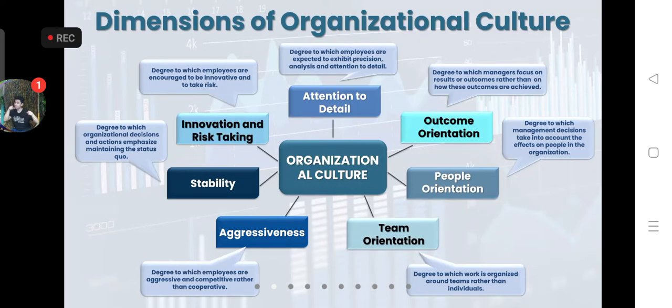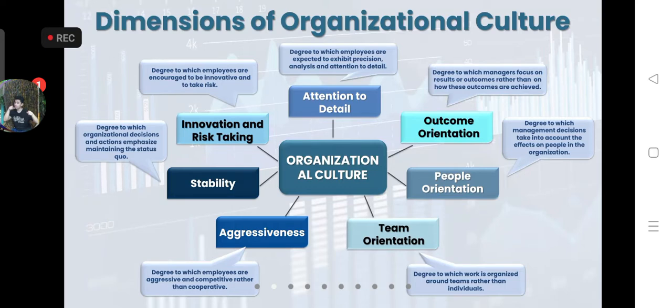These dimensions usually range from low to high, meaning low is not the typical culture of the organization, and high is the very typical level for the organization.